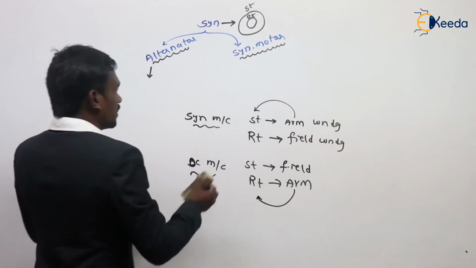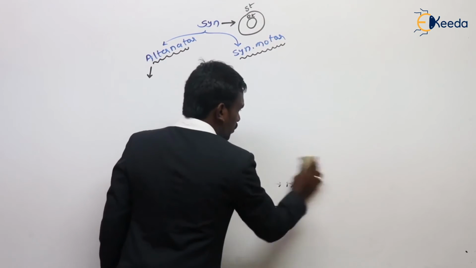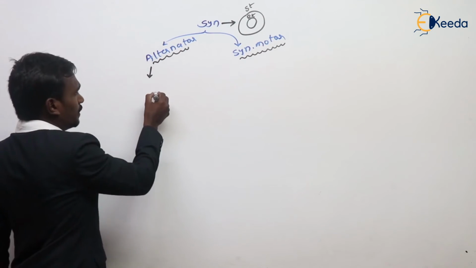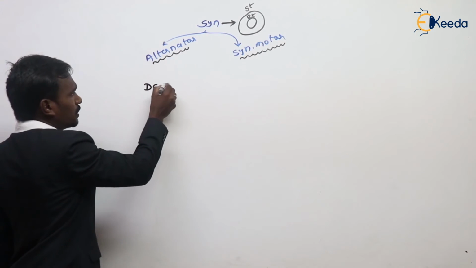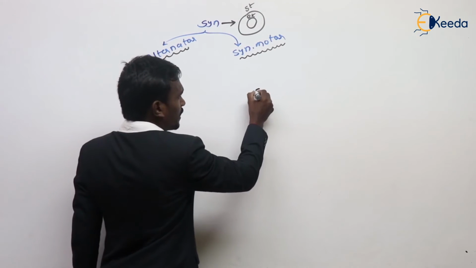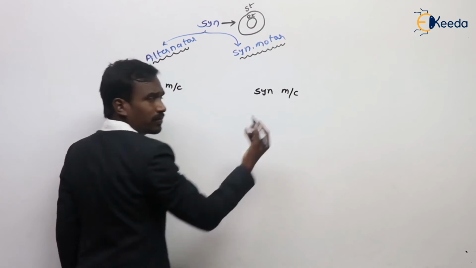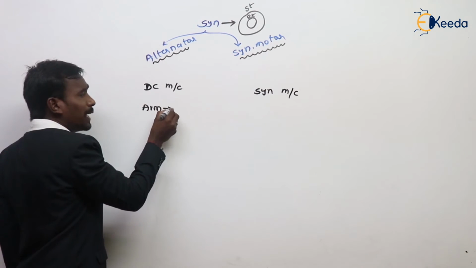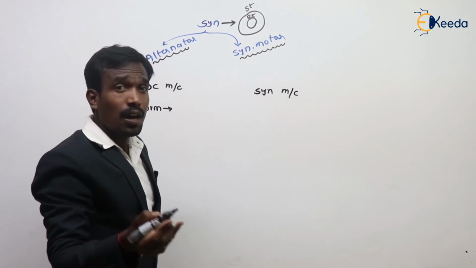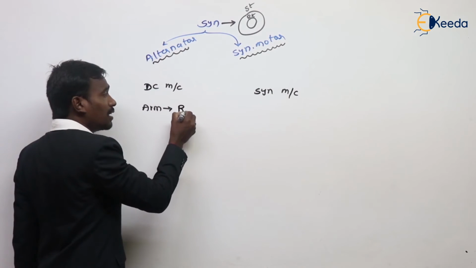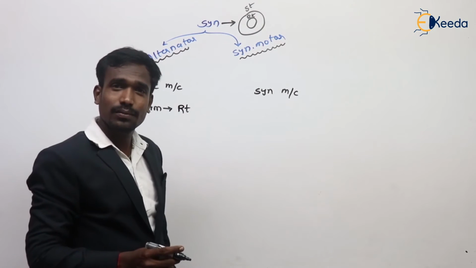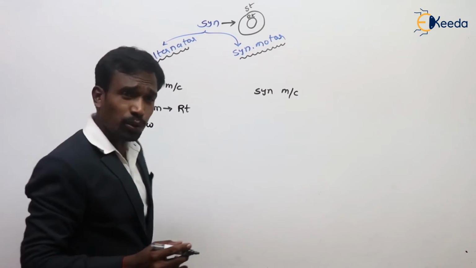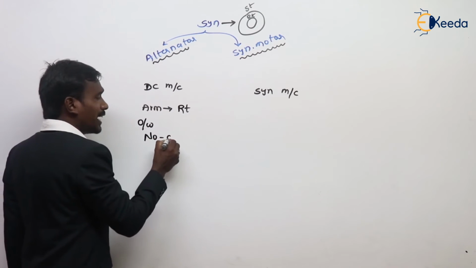Let's discuss this first of all. Here I am taking a DC machine, and here a synchronous machine. In a DC machine, armature winding should be placed on the rotor. Otherwise, there is no commutation.